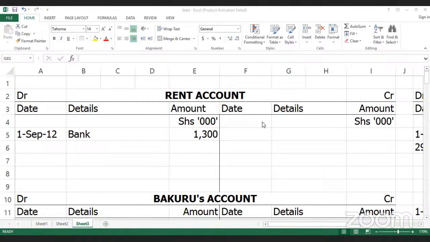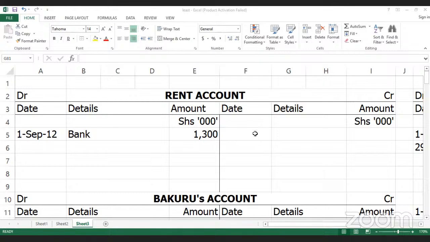The debit side is greater. So we have to insert the balancing figure on the smaller side, and that is the credit side.